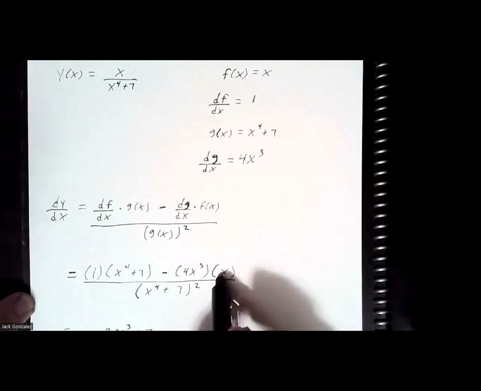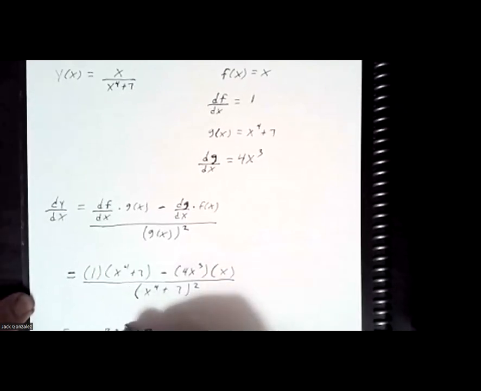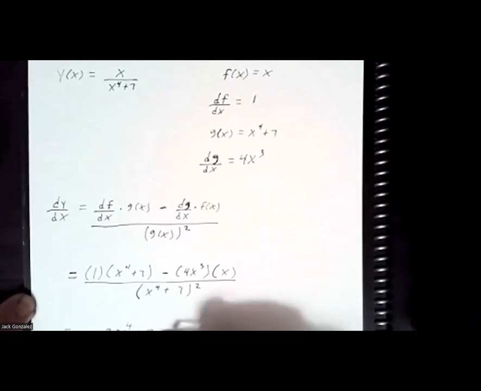So this became 4. Yeah, you're right. And then they have the same power, so they could be subtracted. Okay. And they just leave it this way on the homework. Awesome.